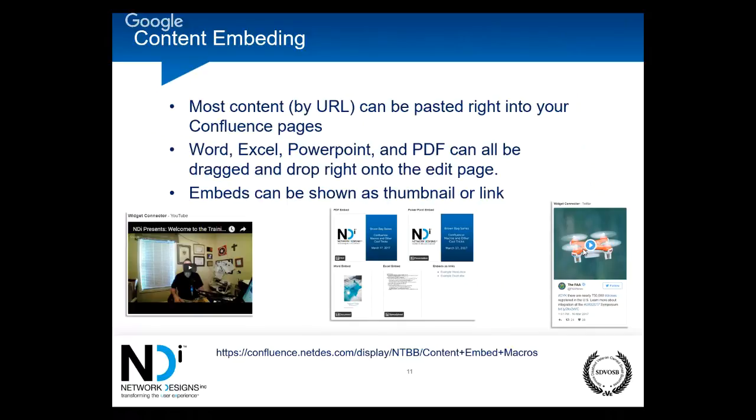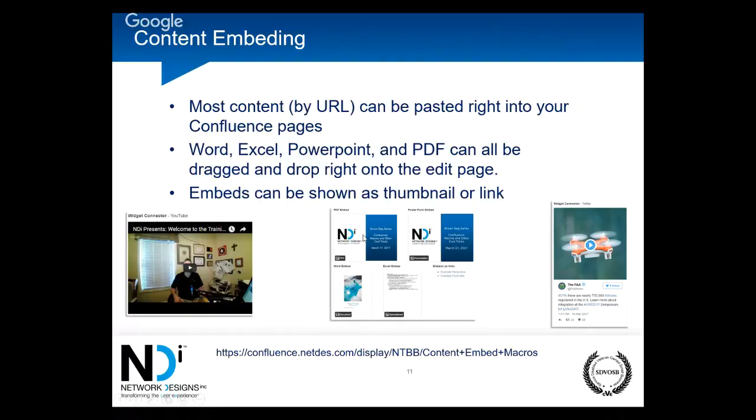To actually place a content embed into one of your spaces, all you have to do is grab the URL. In the case of an external site like Twitter, an RSS feed, a YouTube video, you put your cursor in your page and you paste that URL, and Confluence itself will convert that URL into the widget connector and then embed your link right to it.